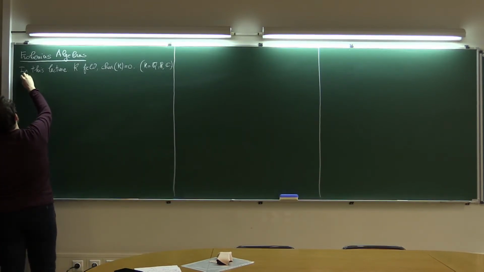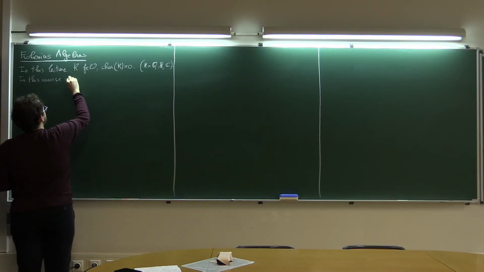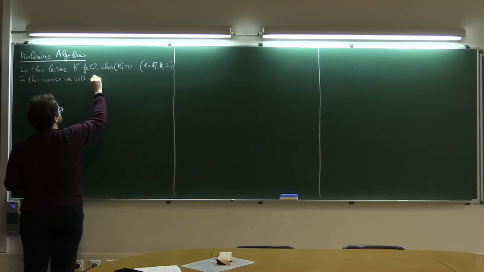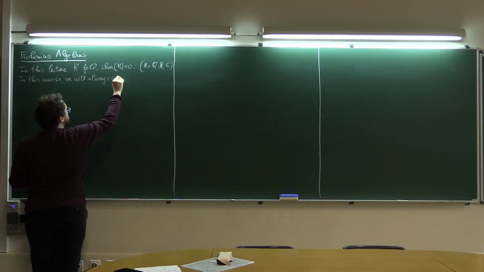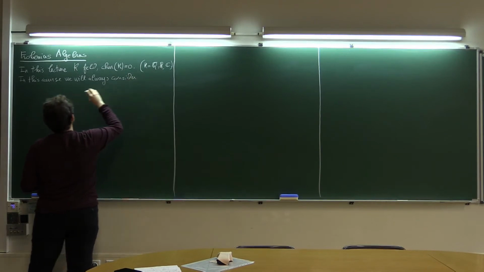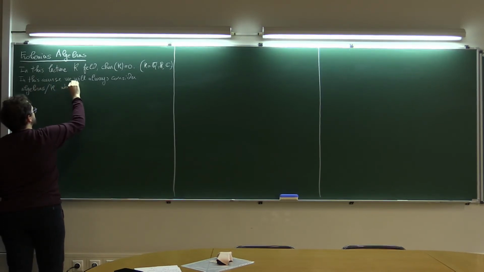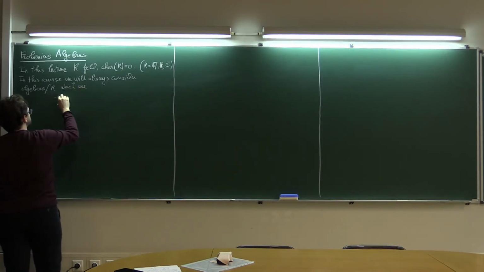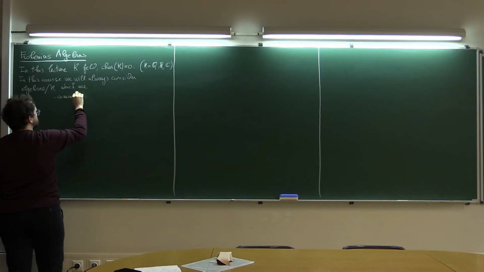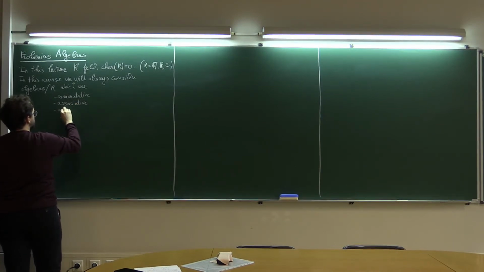And another convention is the following. In this course, we will always consider algebras over the field K which are commutative, associative, and unital.